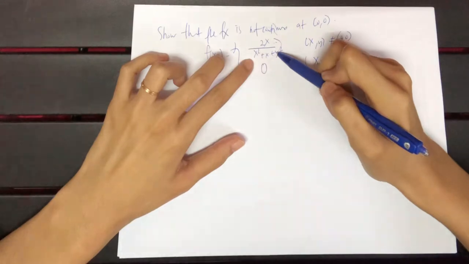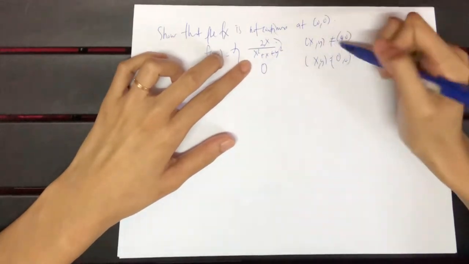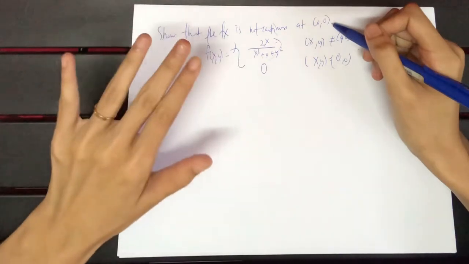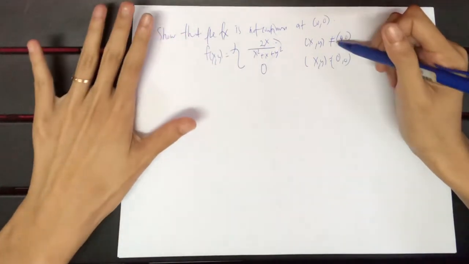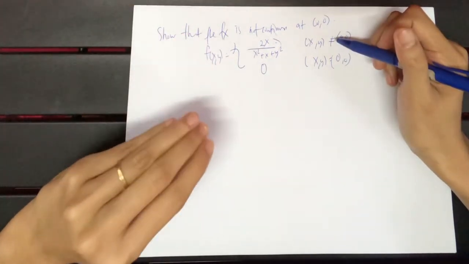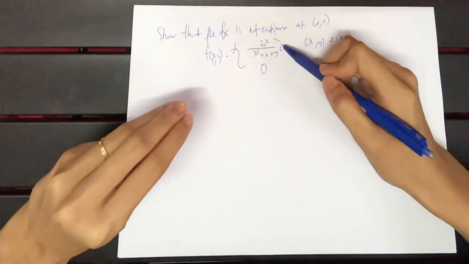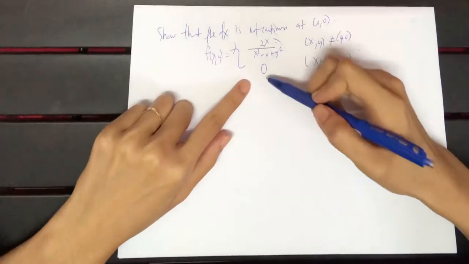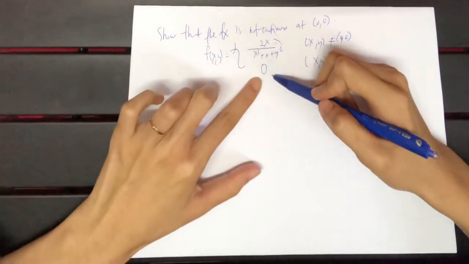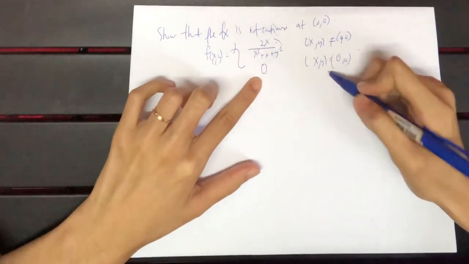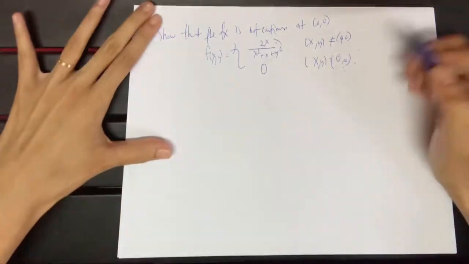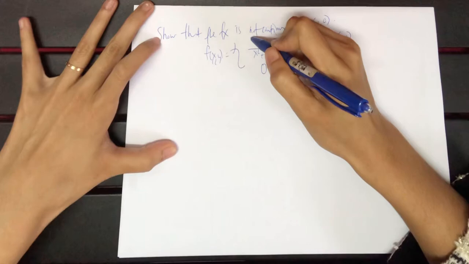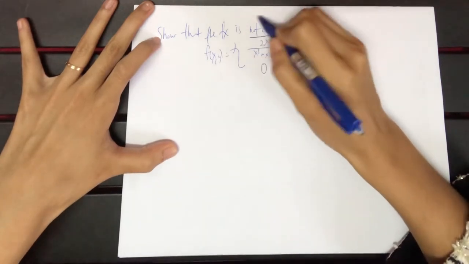We use this one when (x, y) is not equal to (0, 0), it cannot be zero. And for the second function, f(x, y) equals 0 if (x, y) is (0, 0). Okay? So now the question asks you to show that the function is not continuous.